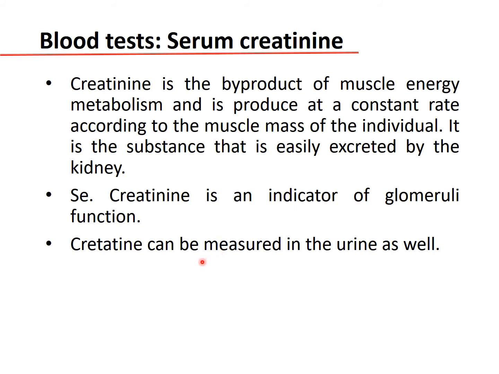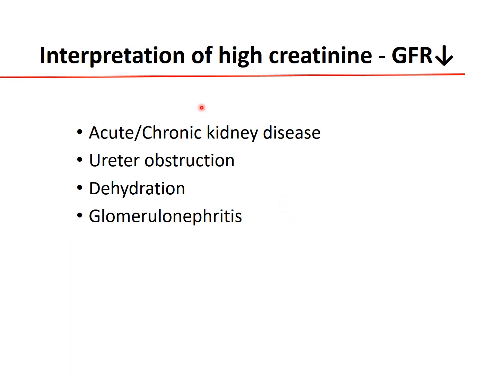Creatinine also can be measured in the urine. The interpretation of high creatinine is usually connected to the GFR, the glomerular filtration rate, when it is decreased. This situation can happen in acute or chronic kidney diseases, ureter obstruction, dehydration, and glomerulonephritis.